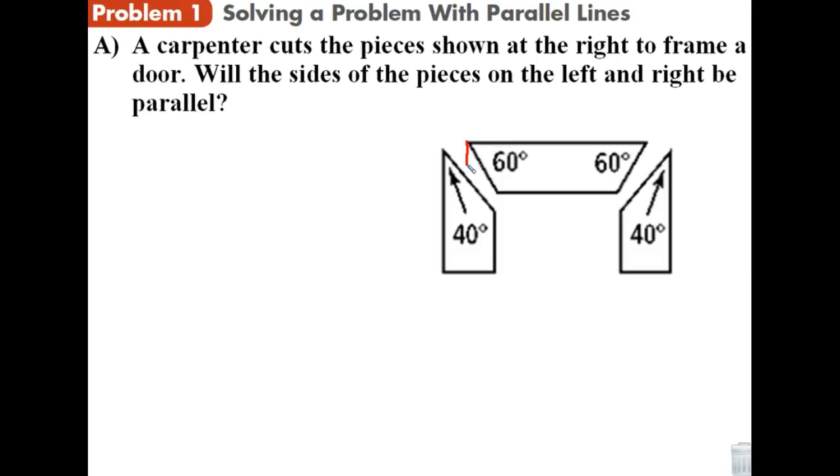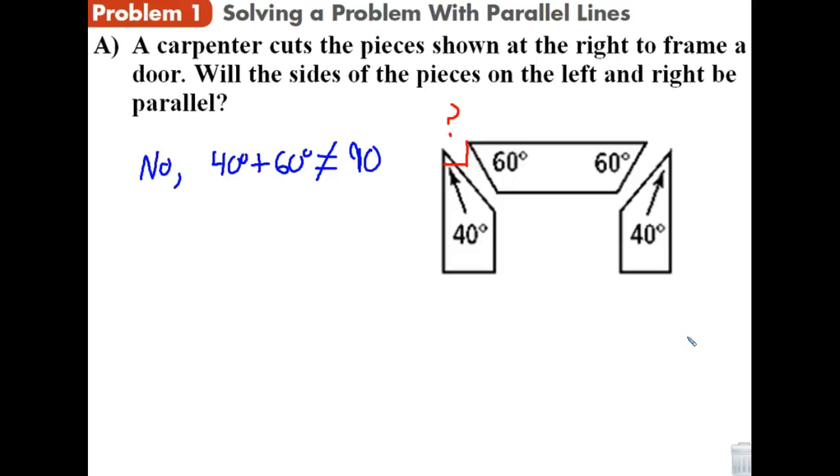In other words, do I get a right angle between the two of these? Well, the answer for that will be no, because 40 degrees plus 60 degrees is not equal to 90. So I know that these lines in the middle aren't perpendicular, therefore the left and right side will not be parallel. So really what we're asking here is, do we have a right angle?